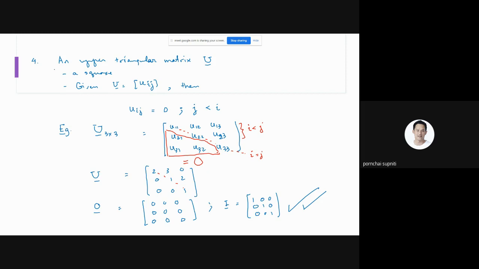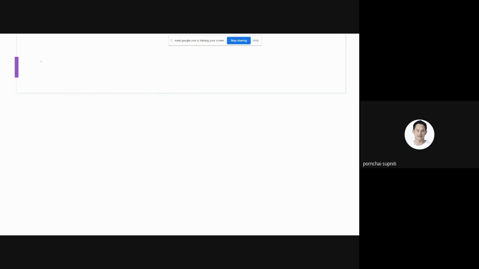Okay, let's look at one property of the lower triangular matrix and upper triangular matrix.